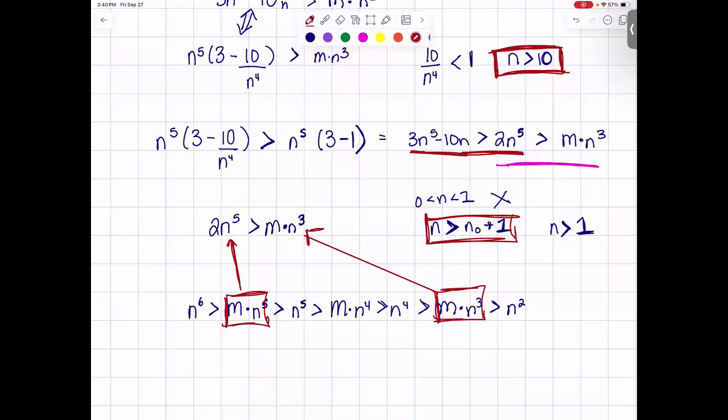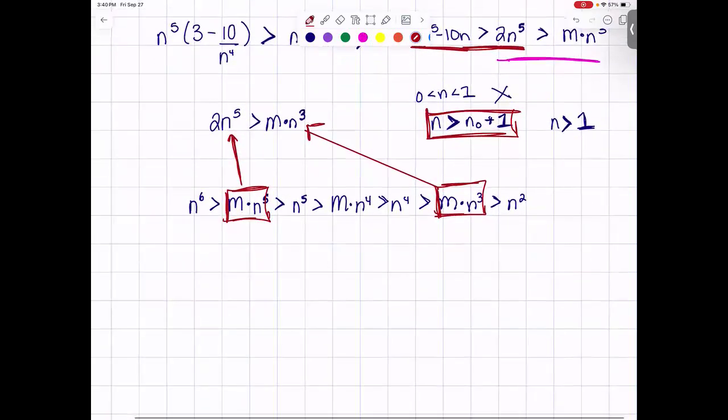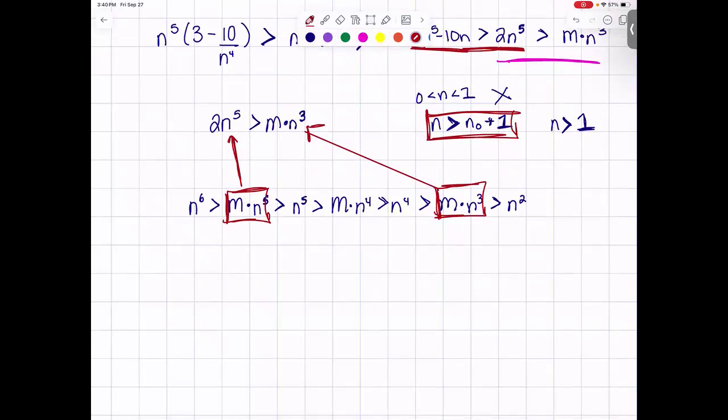So that's awesome. That allows us to have this other lower bound of n that pushes us to see why this might be true. So let's assume that that's the case. But we're going to add one more step in, because while that's true, we still need to define m, because we still need to make sure that we are setting our stuff in terms of m. But we can see that m times n to the 5 is greater than n to the 5.